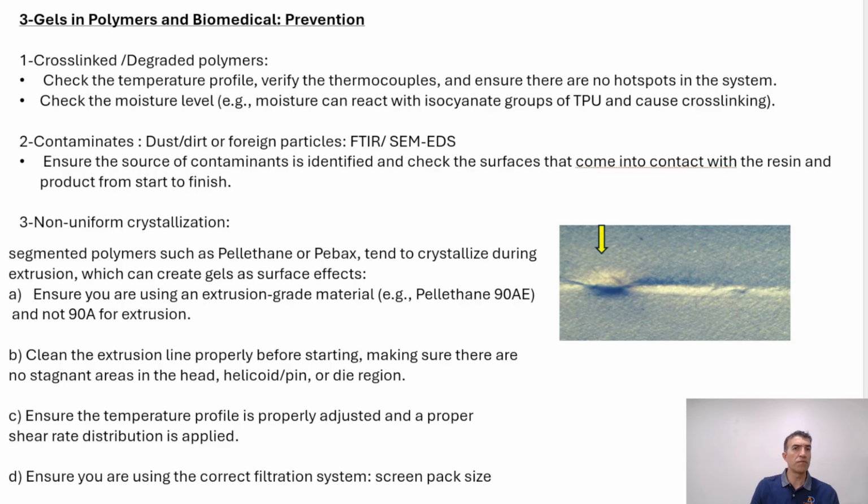As I mentioned, to prevent gels, it's very important to find out what is causing the gel to form. If the cause is cross-linking or degradation, then the very important thing is to check your temperature profile. Make sure you are using the right temperature profile for the extrusion of the material, and your thermocouples are good at detecting the right temperature.